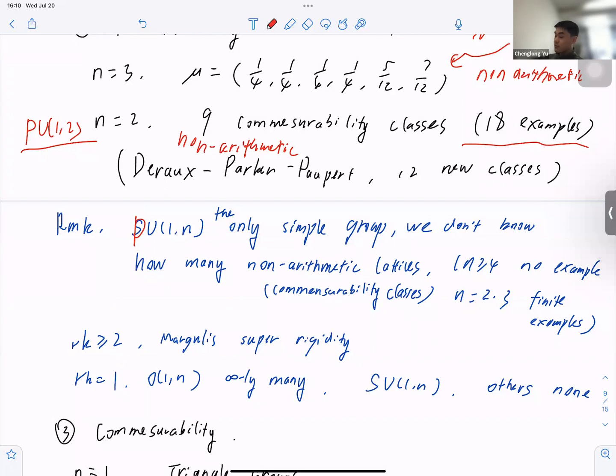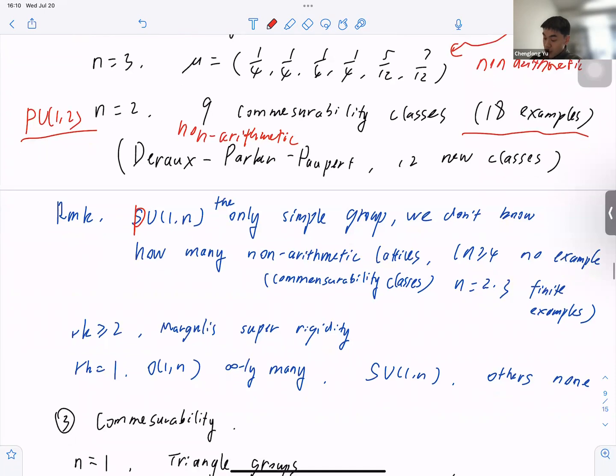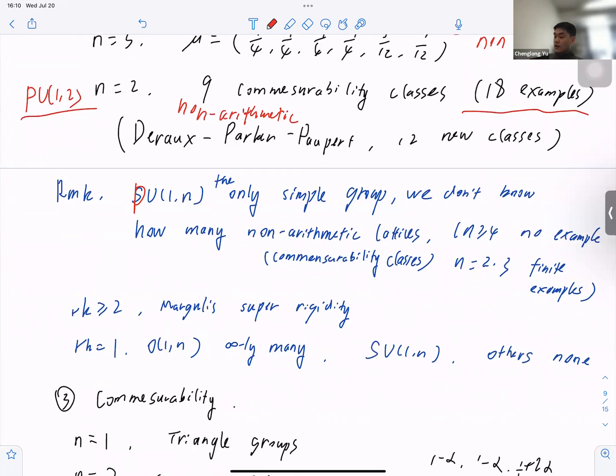This is a very deep result obtained from ergodic theory. And for rank equals 1, for O(1,n), we know infinitely many of them from a construction by Gromov and, sorry, I forgot the name, Gromov and another collaborator. And for SU(1,n), we know some finite examples, but we don't know whether there are infinitely many.